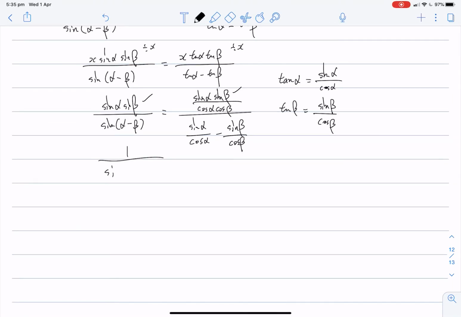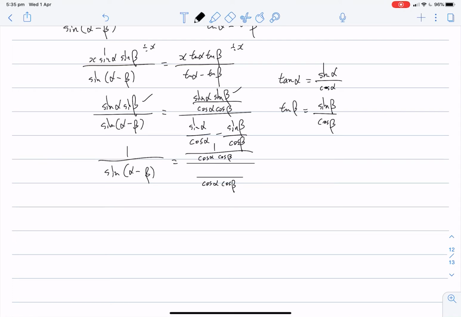So you've got sine alpha minus beta equals 1 over cos alpha cos beta over, now let's take the common denominator. Here it would be cos alpha cos beta.